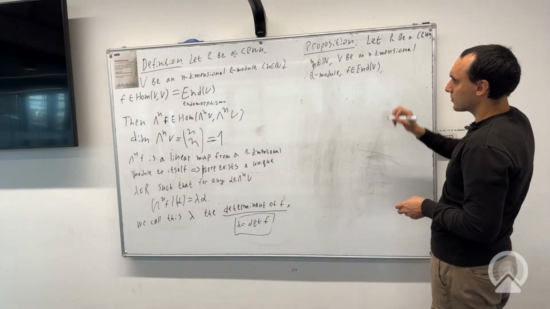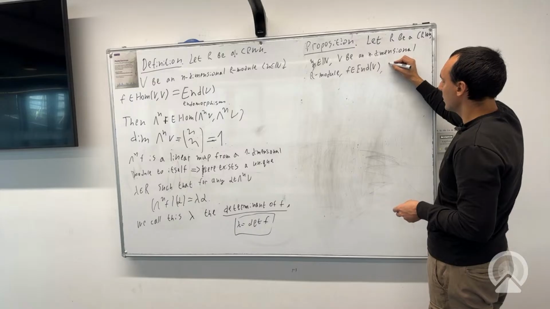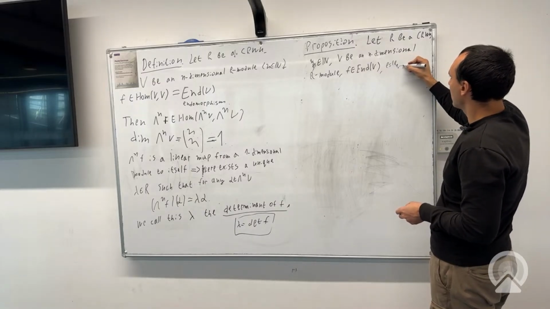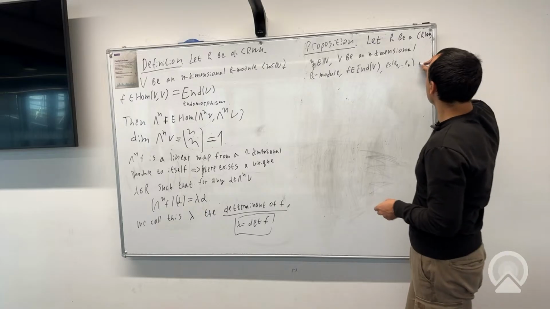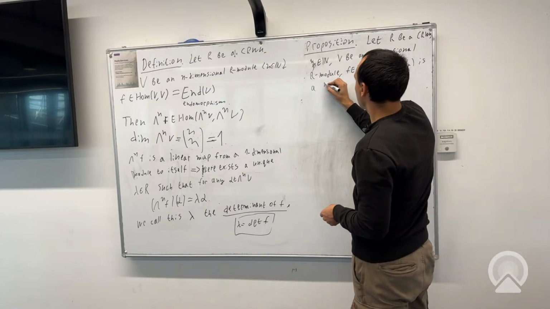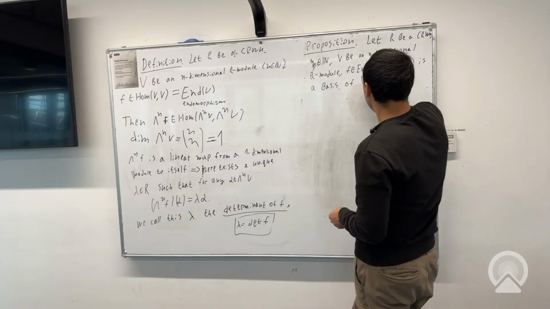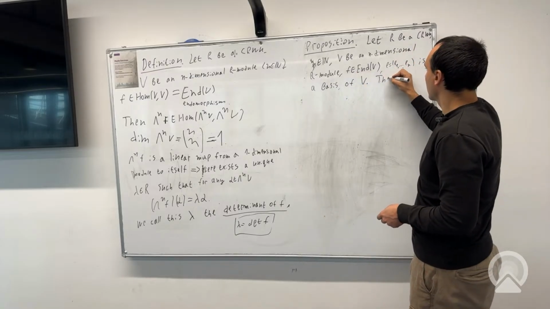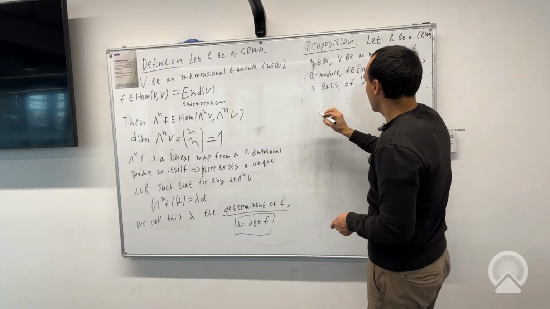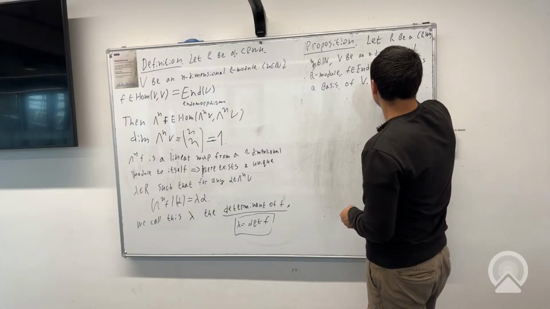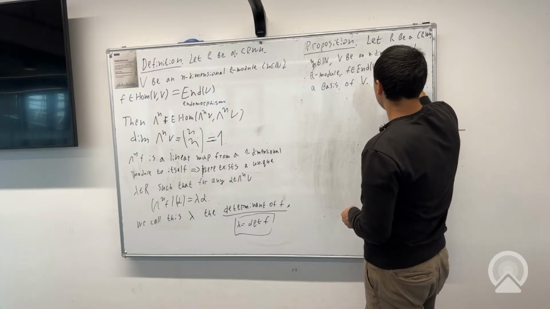And E1 to En is a basis of V. Then, denote the matrix of the operator.